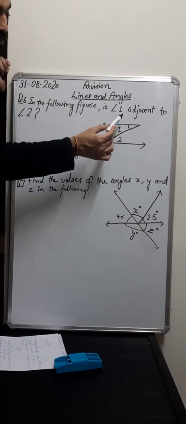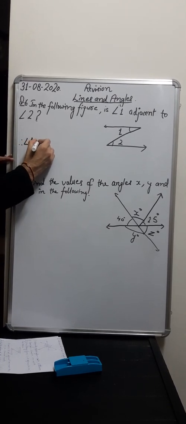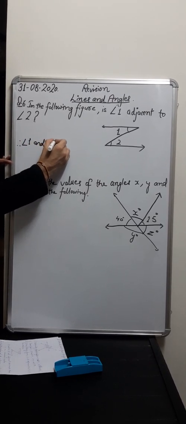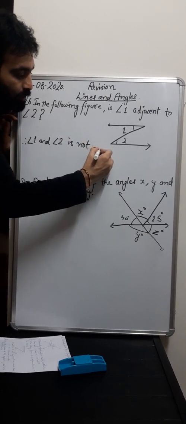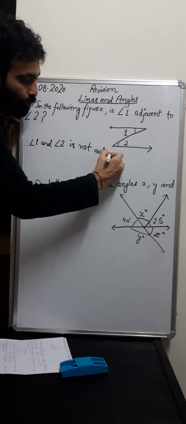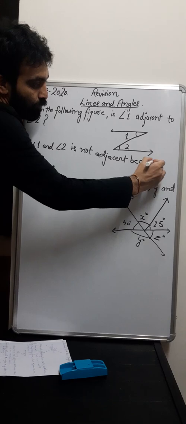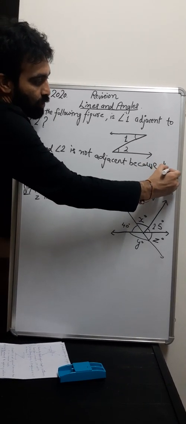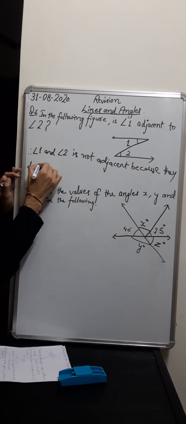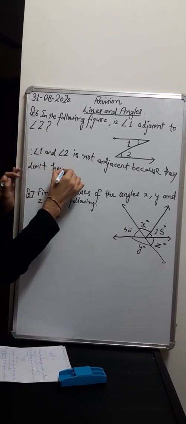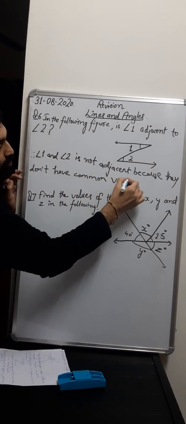Therefore angle 1 and angle 2 are not adjacent because they don't have a common vertex.